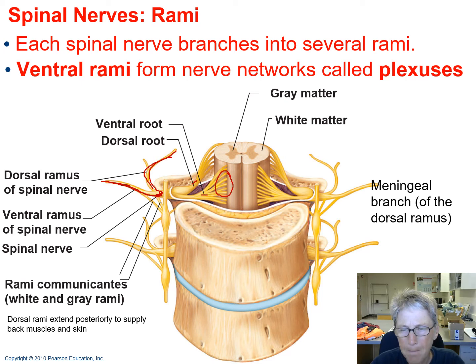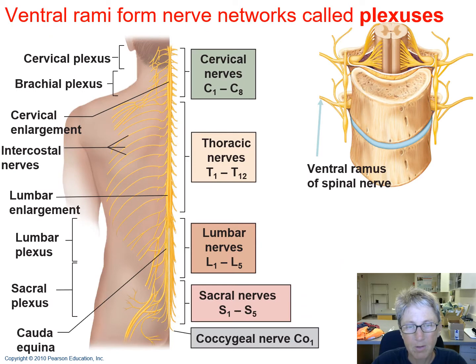And then as it branches, it gets more and more names, but one of them is the meningeal branch of the dorsal ramus. So the dorsal ramus is here, the dorsal ramus branches here, and then it branches here, and this is the meningeal branch of the dorsal ramus.